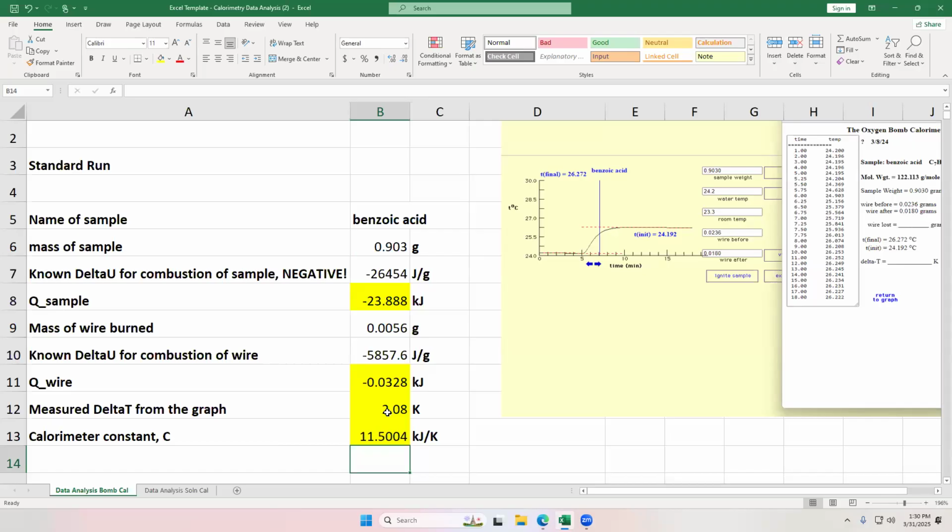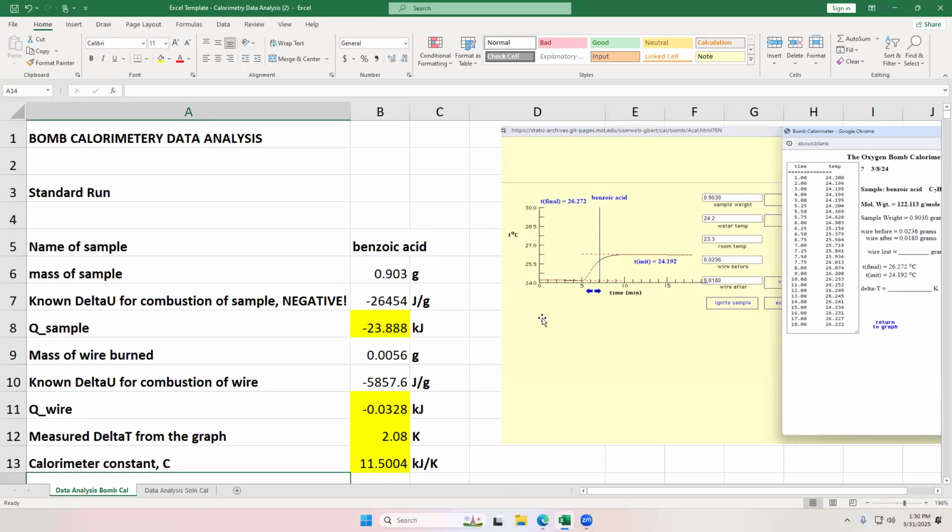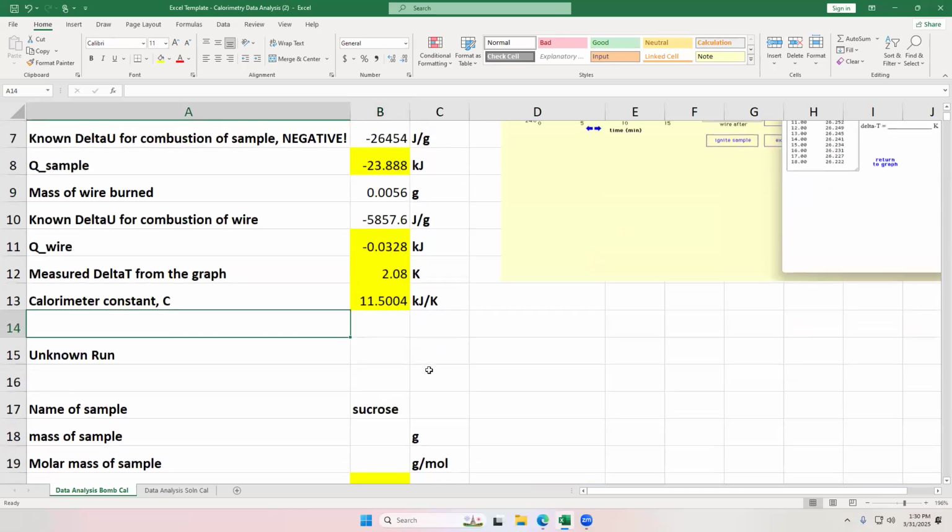So what you'll have to do is take the average of these runs, and then maybe you can put an average right here in the next row. You can just copy this formula and enter the data from the different runs. All right, so that's how you calculate the calorimeter constant. Let me pause this or stop it.